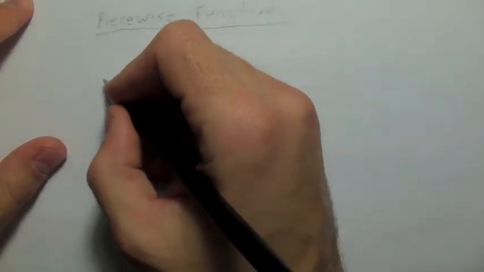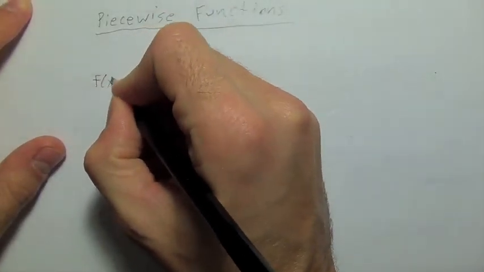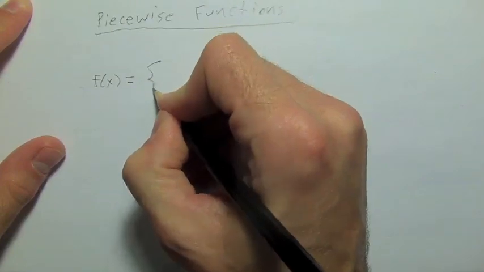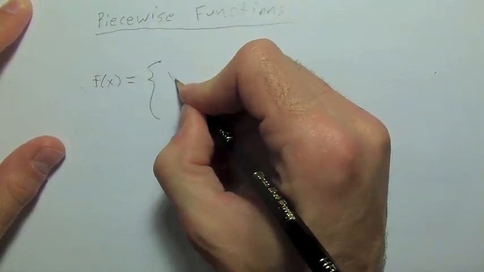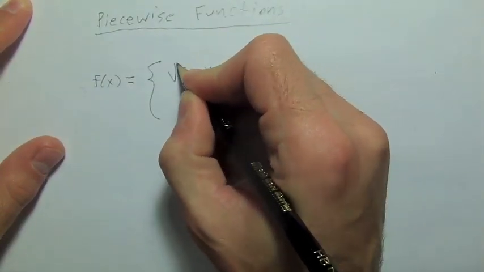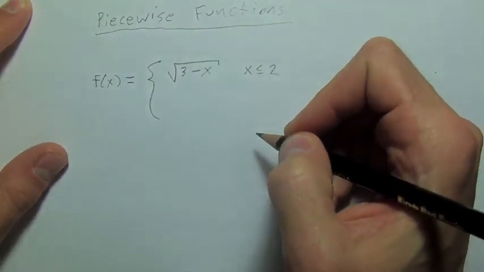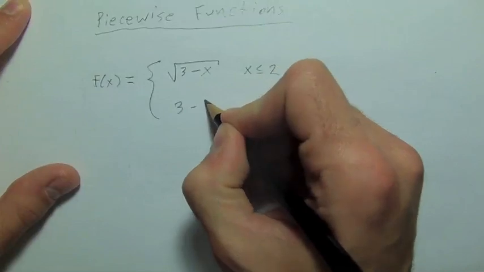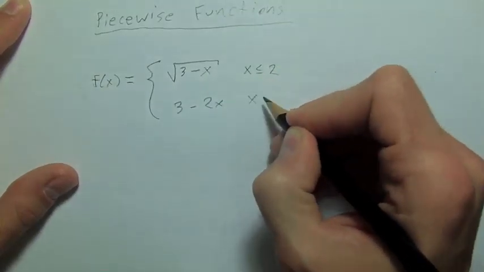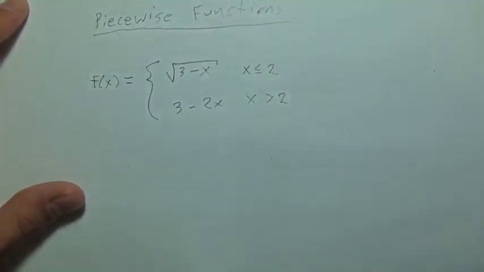So, for example, let's look at f of x equals the square root of 3 minus x whenever x is less than or equal to 2, and 3 minus 2x whenever x is greater than 2.